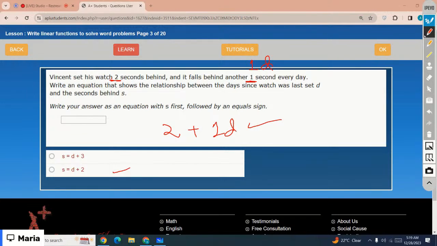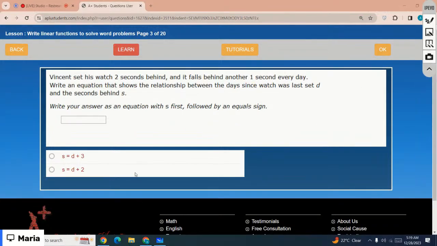So the correct option is S equals d plus 2, right? Let's just move on to the next exam question.